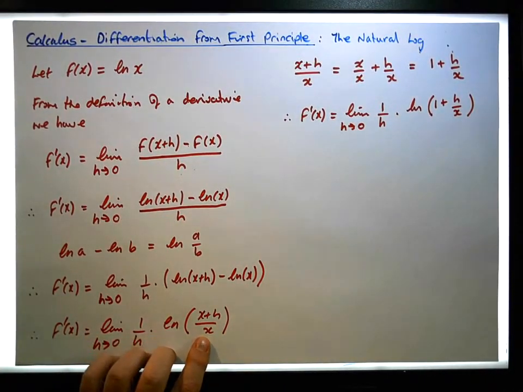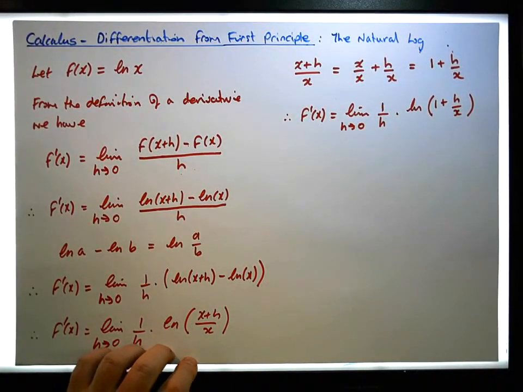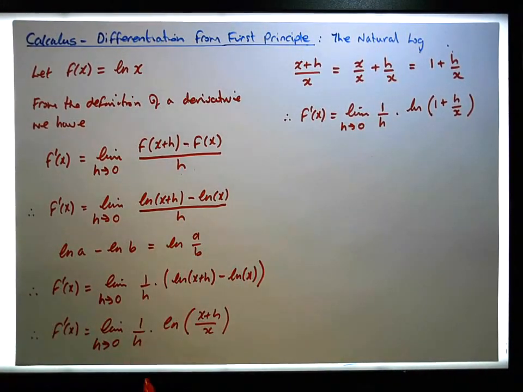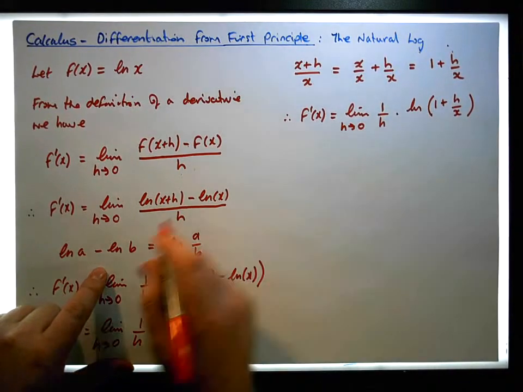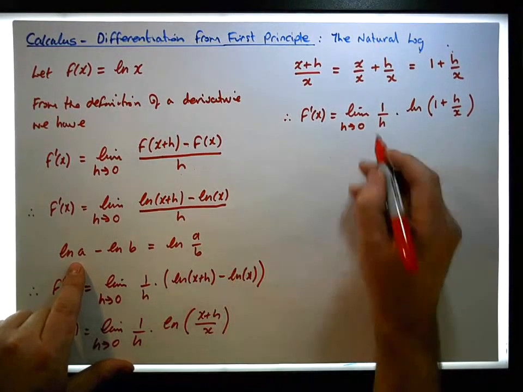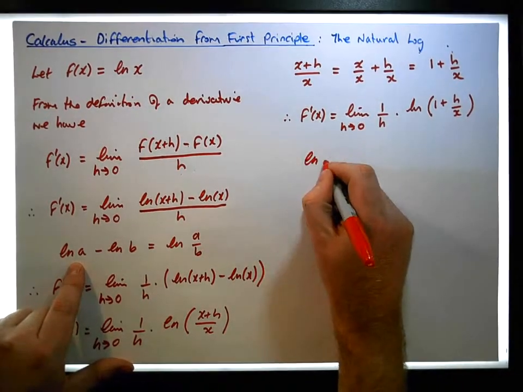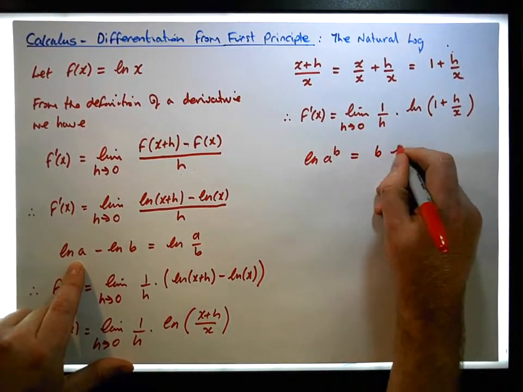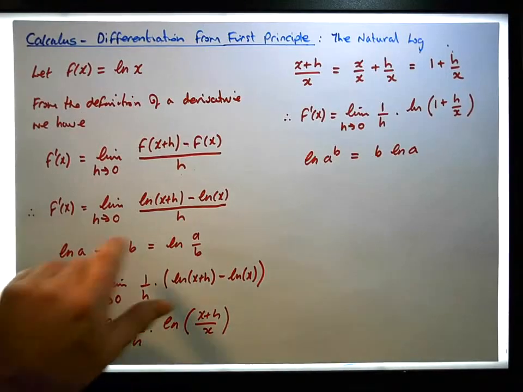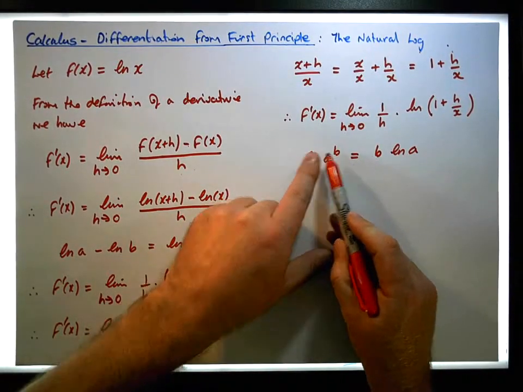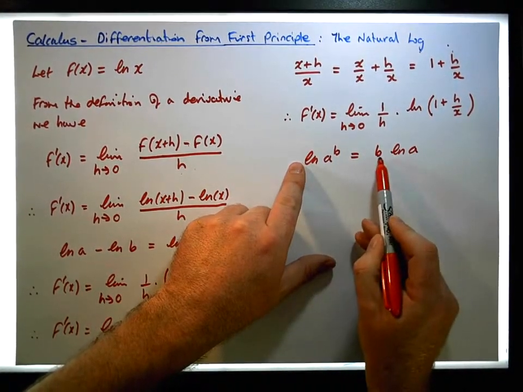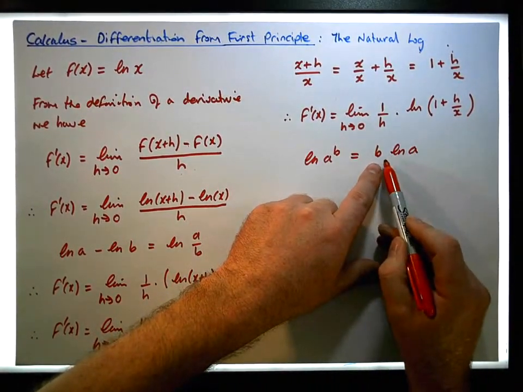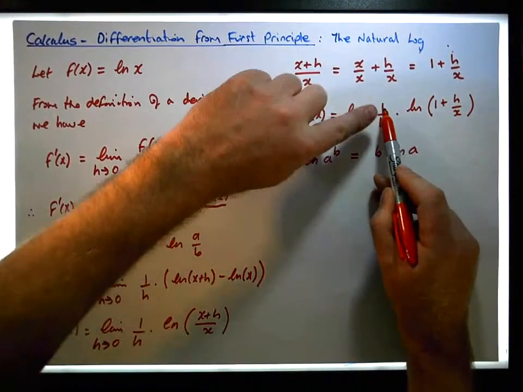Let's also recall another property of logarithms: the ln of a to the b is the same as b times the ln of a. If we have an exponent, we can pull the exponent down and create a product of the exponent with the natural logarithm. So what we're going to do here is reverse the process.